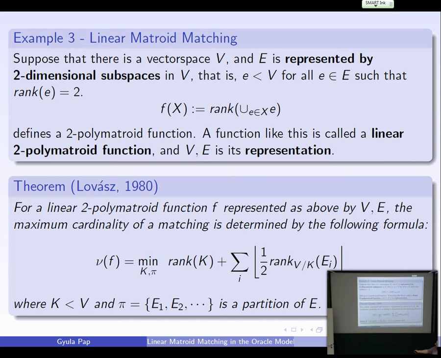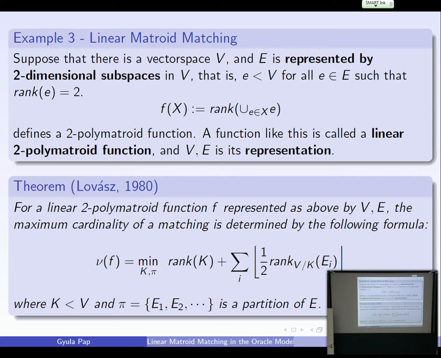So in the end, for the subspace K, you need the matrix representation, and you need to do a lot of matrix computation in order to get K, and also in order to run Lovász's algorithm to prove this min-max formula. By the way, in the formula here, we have the rank of K, and somehow this other part where we take parity into consideration.